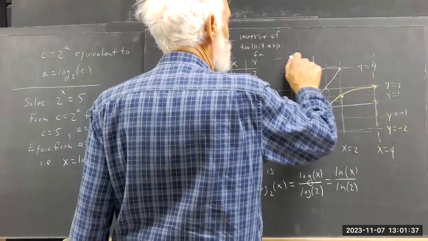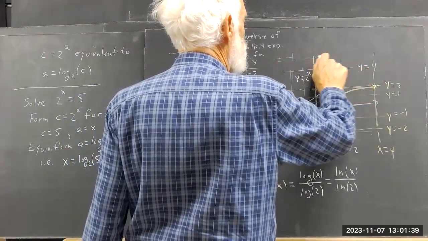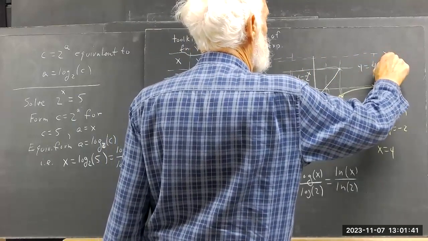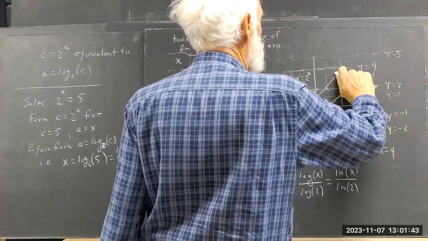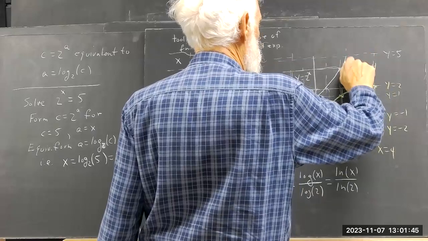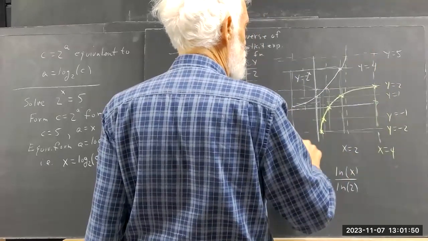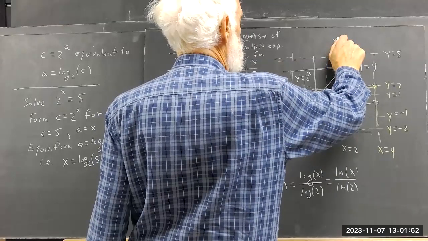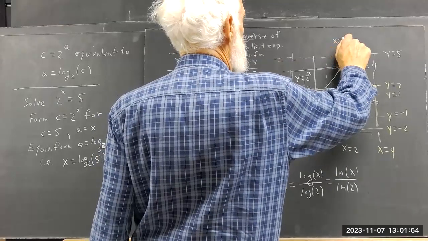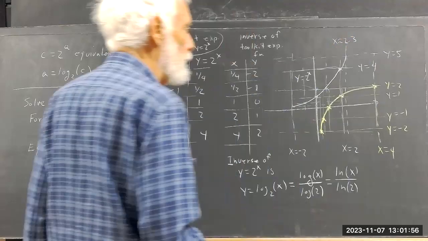Here's y equals 4. So I guess y equals 5 would be about here. This graph would go on up here and would intersect this graph at x about maybe 2.3.